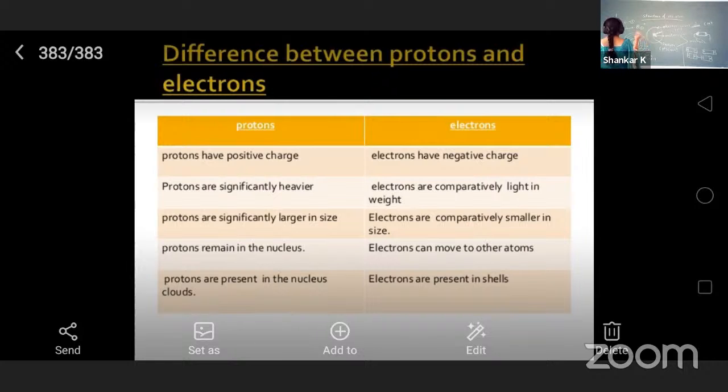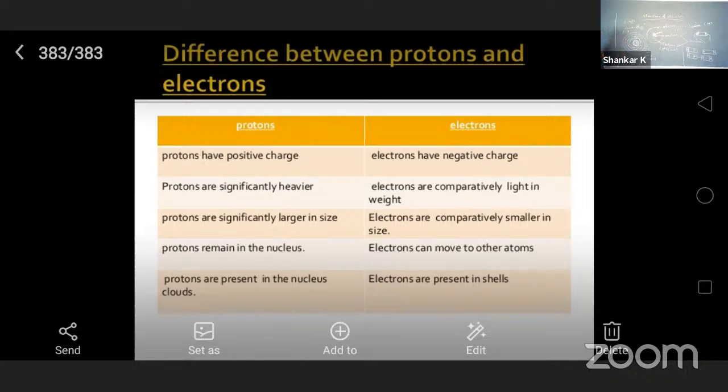Yes, fluorine has atomic number 9. So first we come to here 2 and here 7. Here 2 and here 7 electrons. Okay, it is 9.